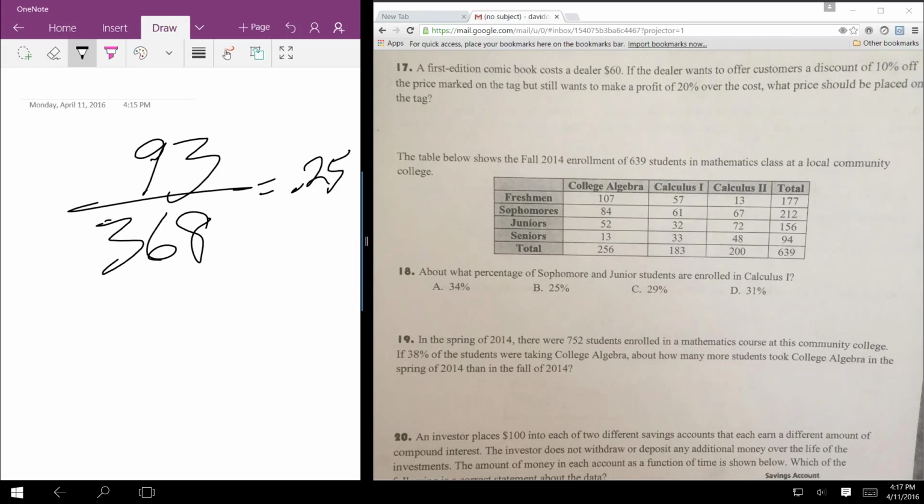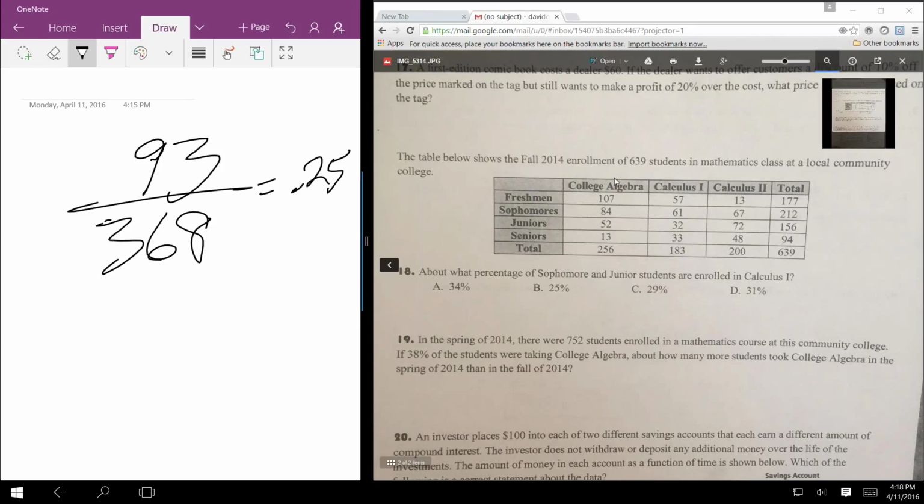Number 19. In the spring of 2014, there were 752 students enrolled. This was the fall of 2014, this table. So they're saying that in the following spring, no, hold on, no they're not. The spring comes before the fall.